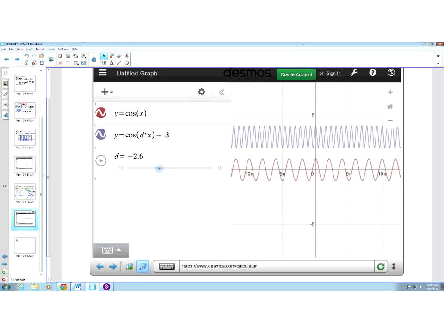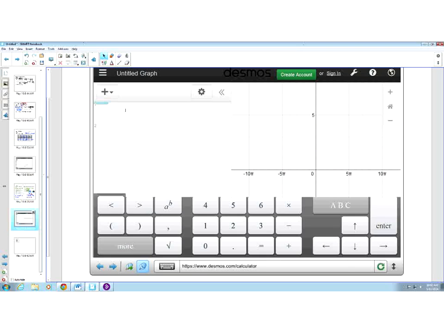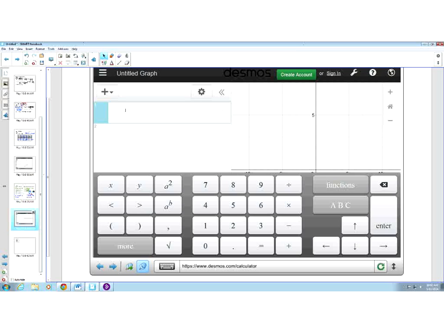All right, so let's do the same thing with another graph. Let's get rid of this graph, and let's get rid of this graph, and let's say, how about we consider y is equal to the square root of x, x to the 1/2.